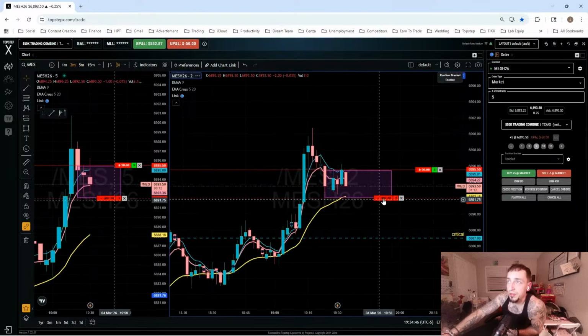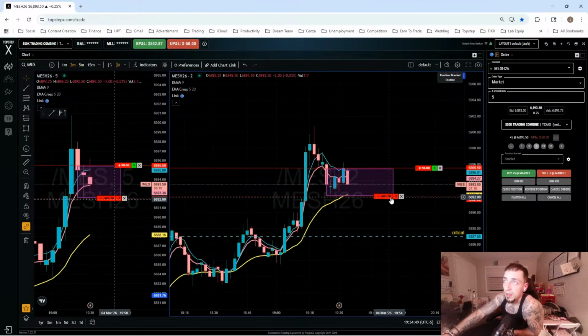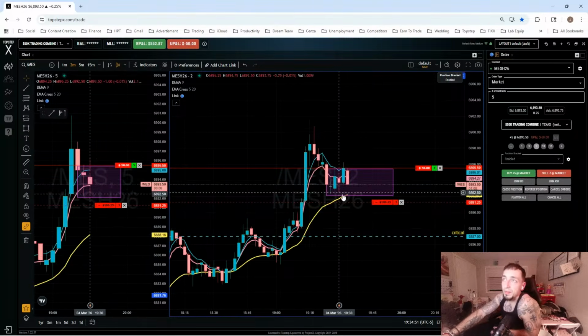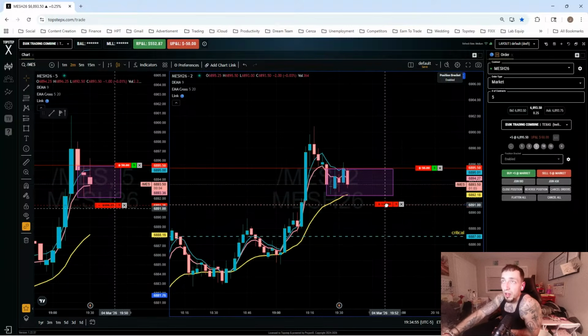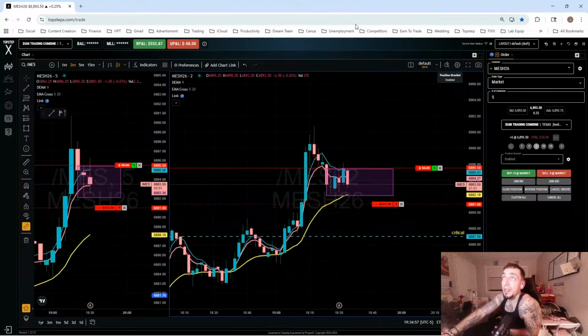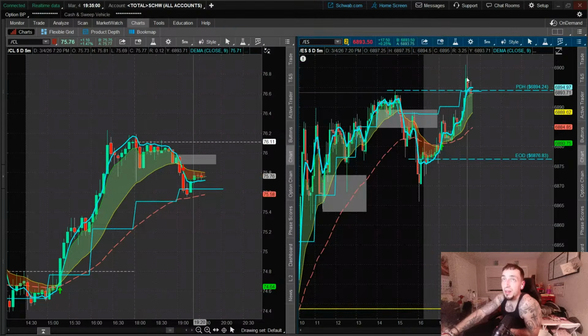I should have waited for a 2-minute 20 retest here. But that's all right. Let's see what we get. I'll risk a hundo. We're battling PDH, so this is a key level.